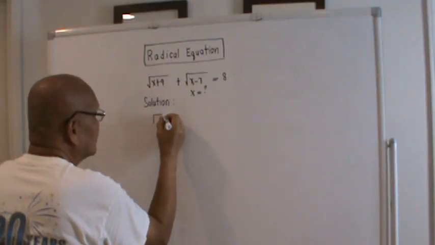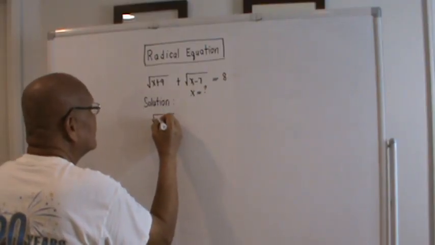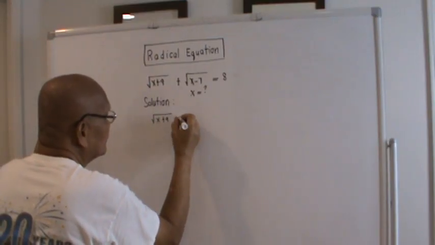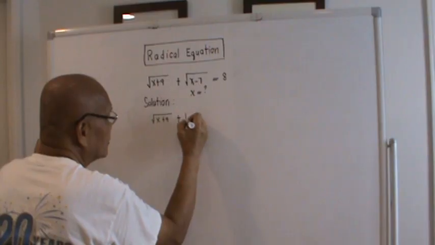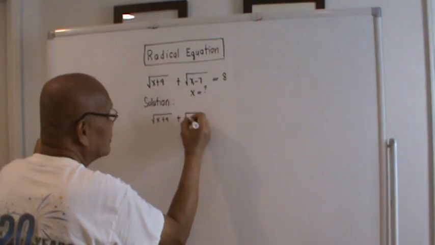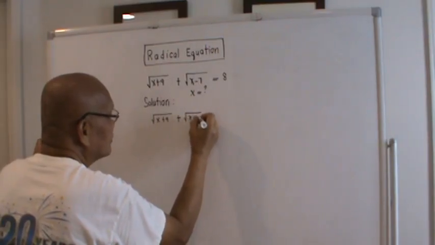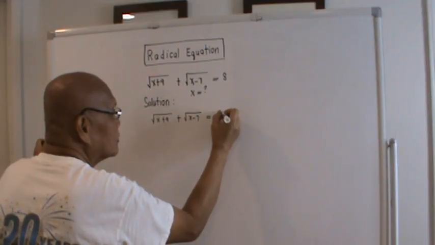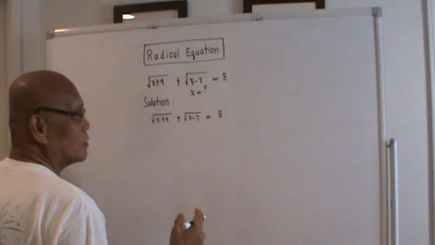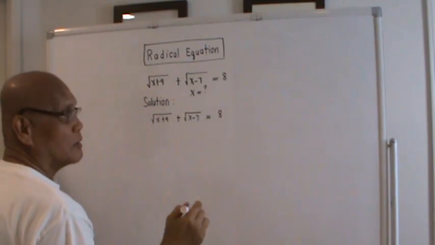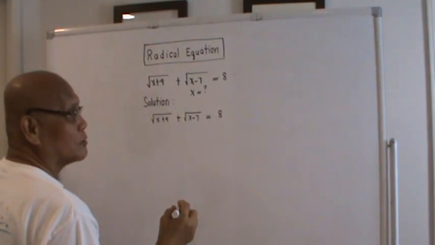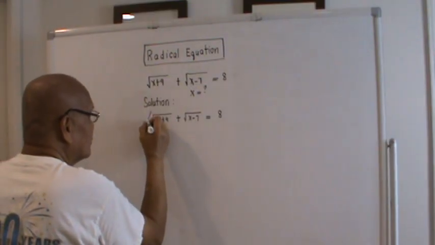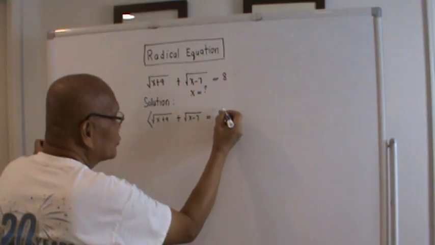We'll rewrite the given equation, the square root of x plus 9 plus, again, the square root of x minus 7, and they should be equal to 8. We just rewrite it because we want to raise both sides of the equation to 1/2. We'll square it.